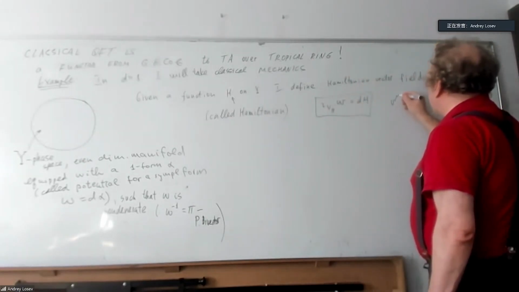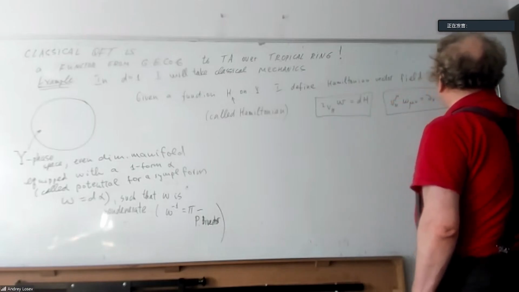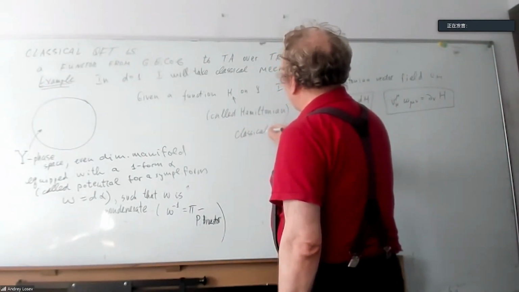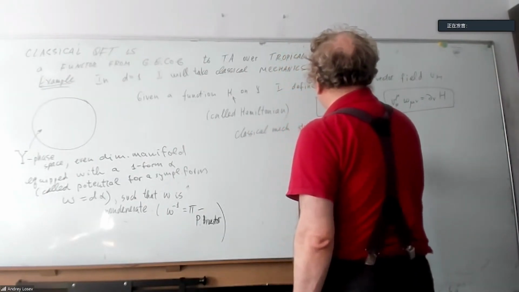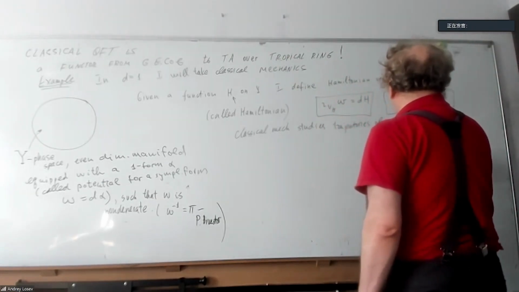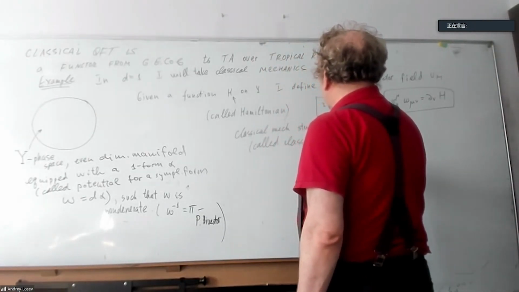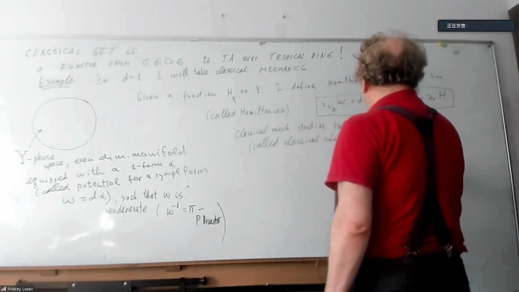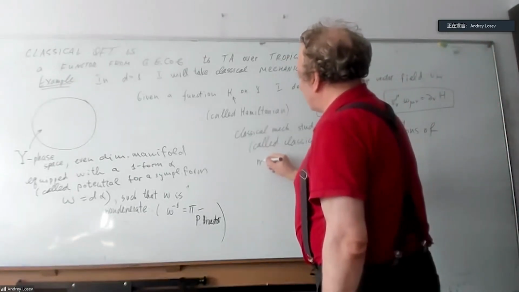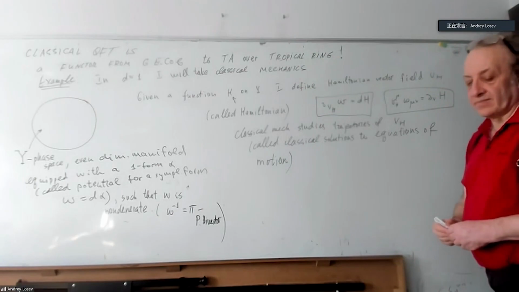Or in components, V^mu_H omega_{mu nu} is partial_nu H. And classical mechanics studies trajectories of V_H called classical solutions to equations of motion. Okay?